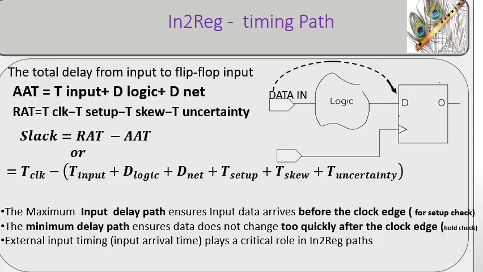The required arrival time is determined from the clock period, setup time, and clock uncertainty. Slack is calculated as the difference between RAT and AAT. Logic delay, net delay, clock skew, and jitter are the major contributors affecting slack. Positive slack indicates safe timing operation, while negative slack indicates timing violation.